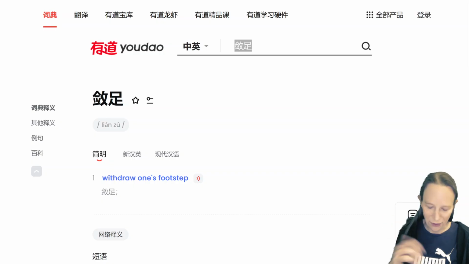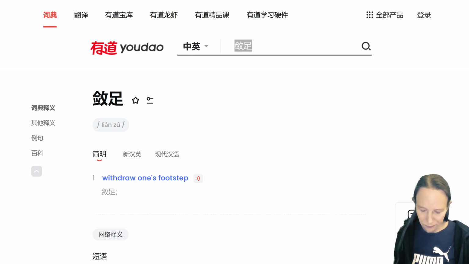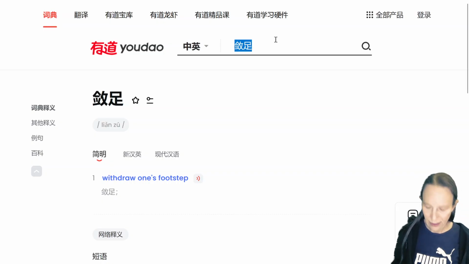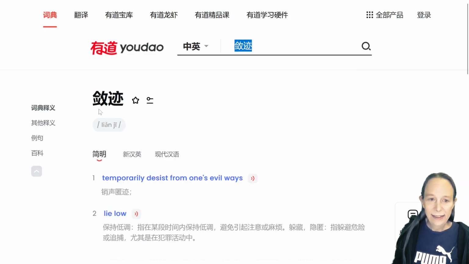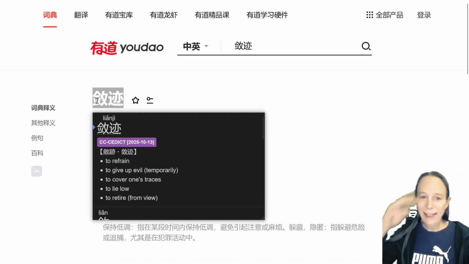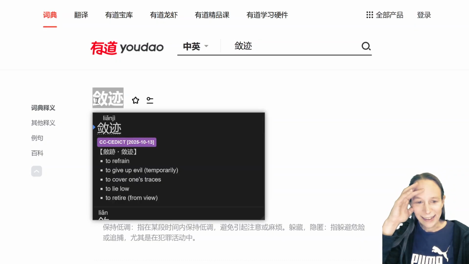Let's move on. The second one is also 书面语约束. 约束 is like bound or unable to do something. 连地, this one. Temporarily desist from one's evil ways, all right? 连记.